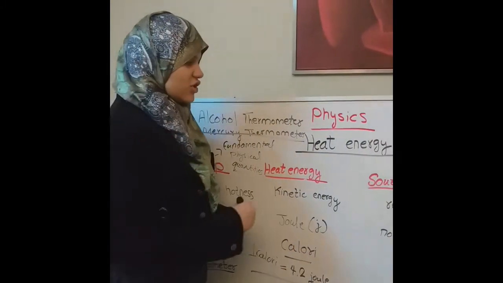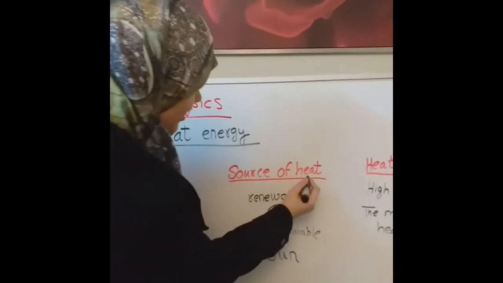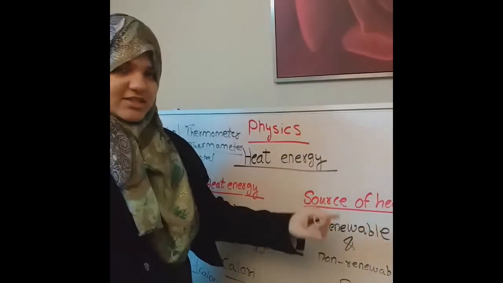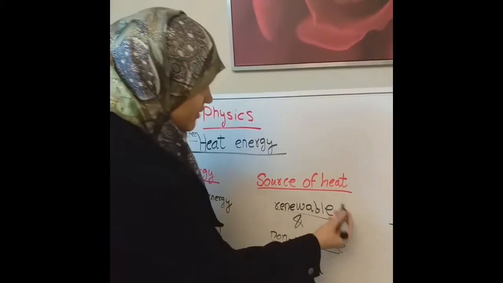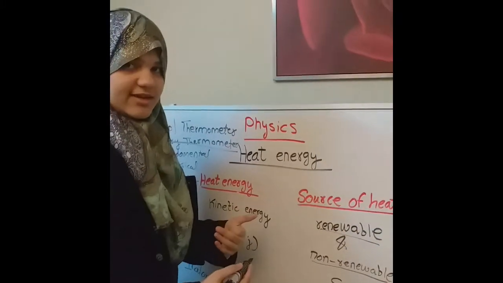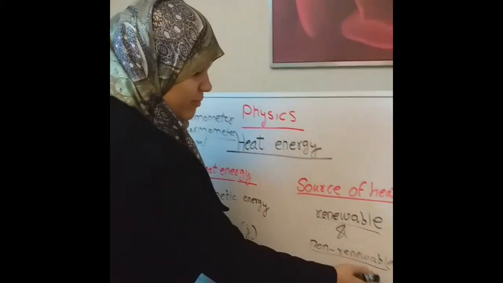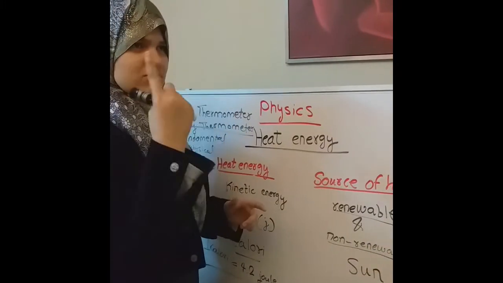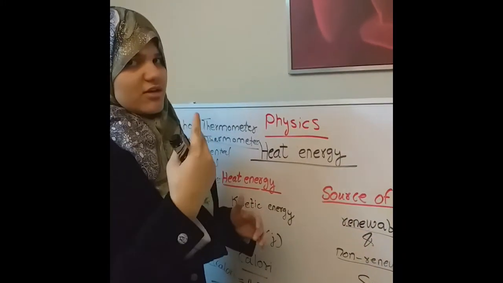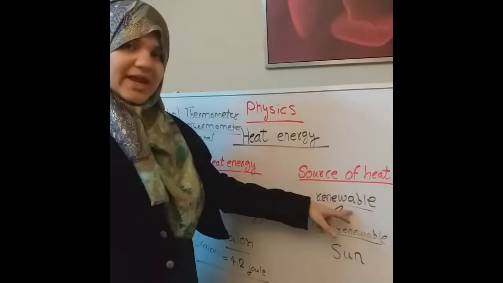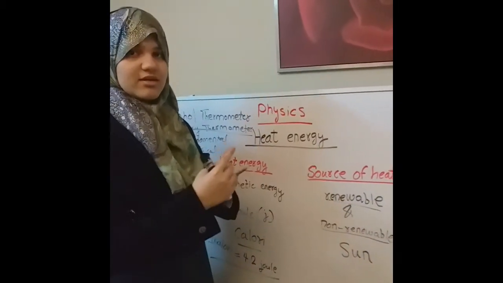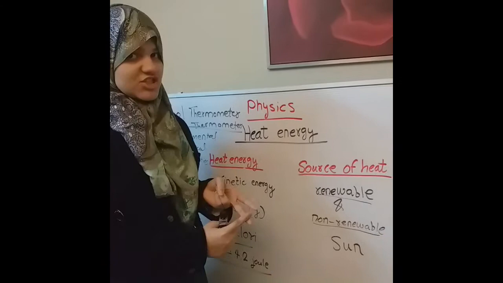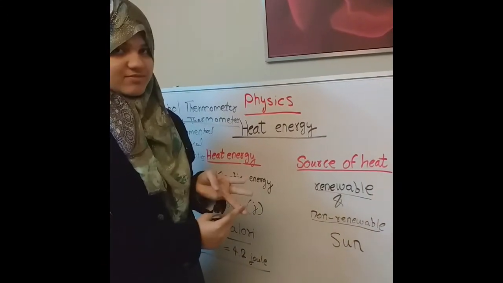Let us talk about the source of heat. Sources of heat are renewable and non-renewable. Renewable means using continuously, and non-renewable means used only one time. Examples of renewable are geothermal energy, wind energy, and hydroelectricity.